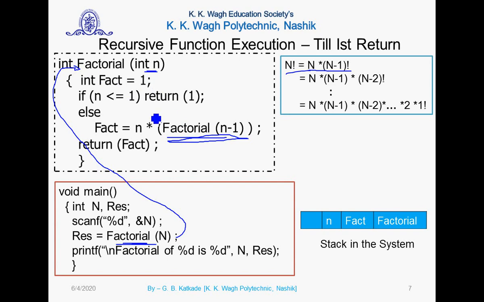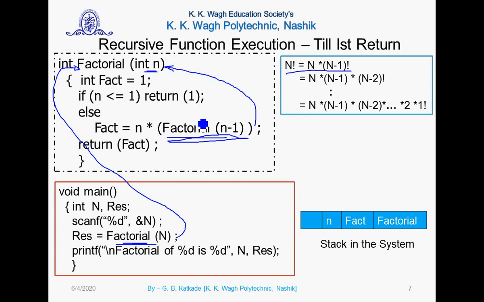The condition n is less than or equal to 1 is no, so it will go to the else part, and we'll make a call to factorial again with the new value of n. From n equal to 5, n-1 will become 4, so the new value of n will be 4, and then we call again from here to the function factorial. This call is the recursive call for the function.